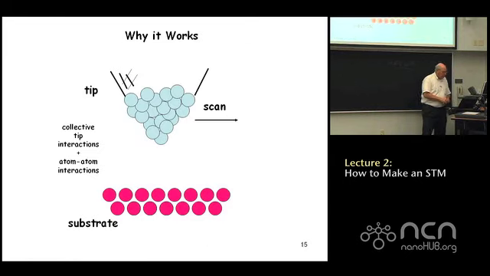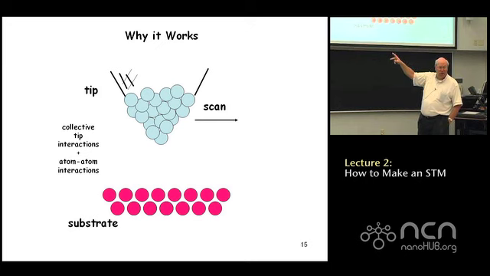So I guess the question is, why does this all work so well? It's truly amazing. And the answer is everything. Right, the implication is that if you're going to see atoms on the substrate, the tip has to have an atom at the apex, right?